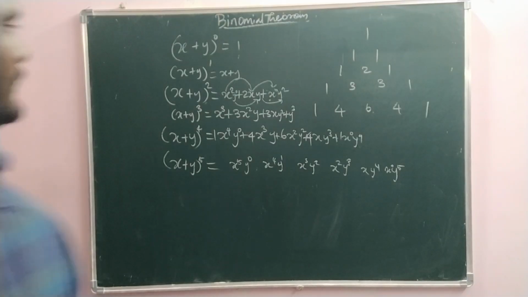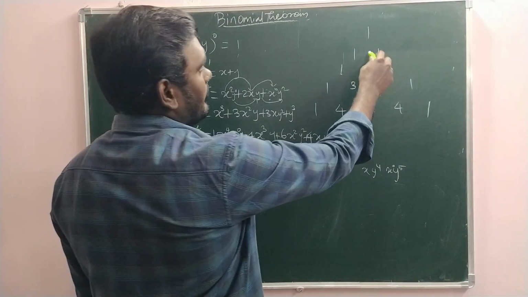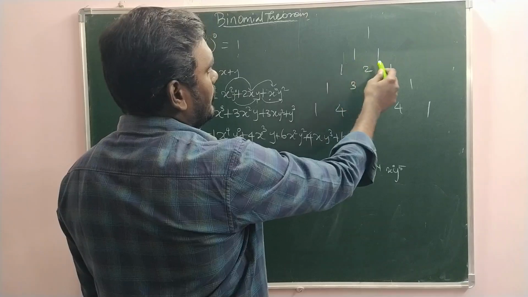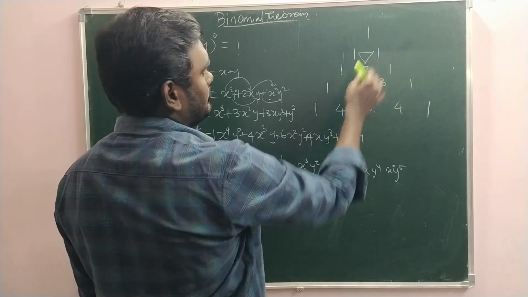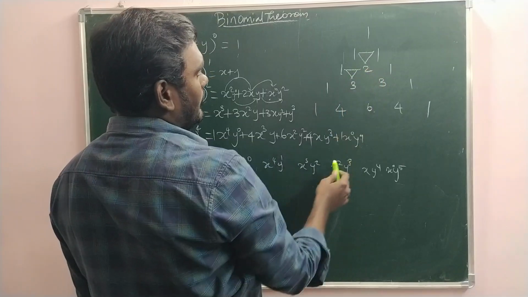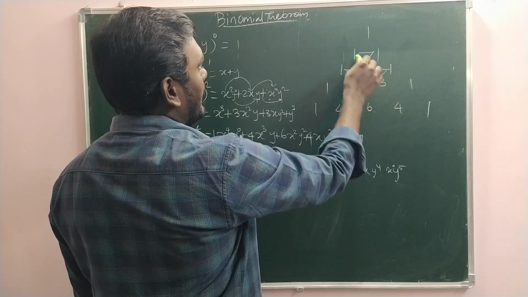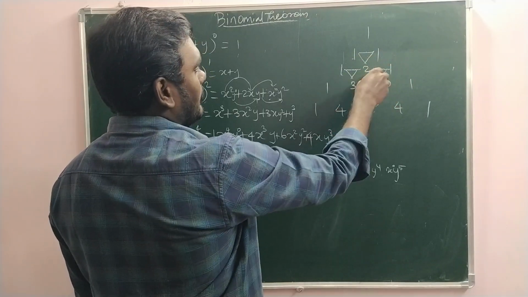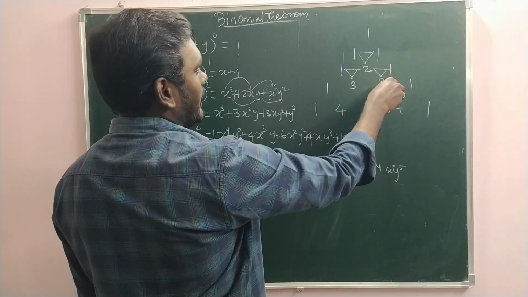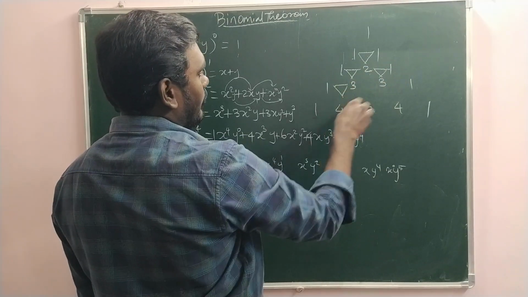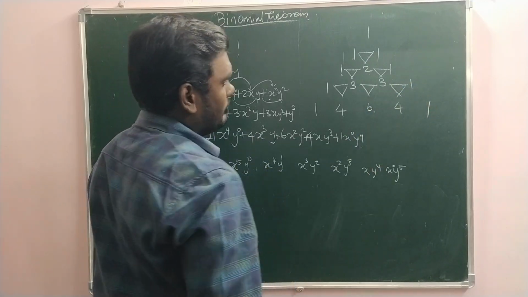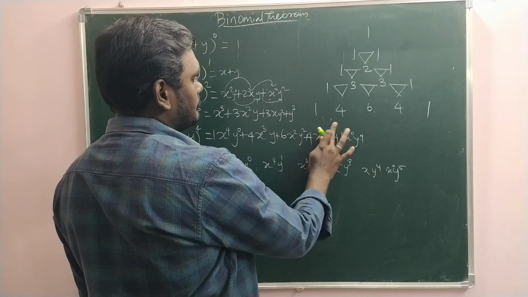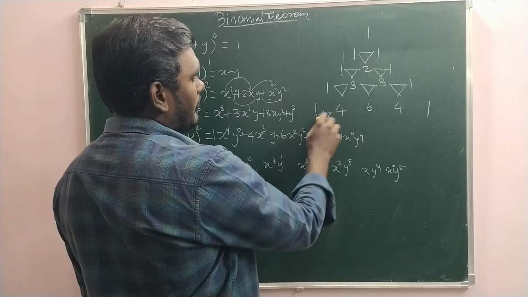See, just observe the triangle. Here, see, these two numbers should be added. 1 plus 1, 2. This 1 plus 2, 3. 2 plus 1, 3. Next, 1 plus 3, 4. 3 plus 3, 6. 3 plus 1, 4. Then next it must be 1 plus 1.